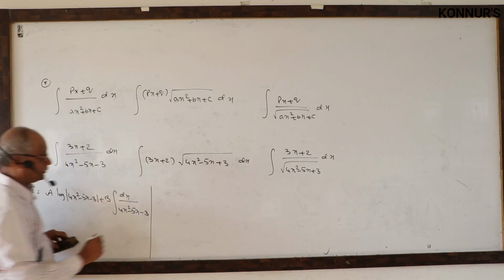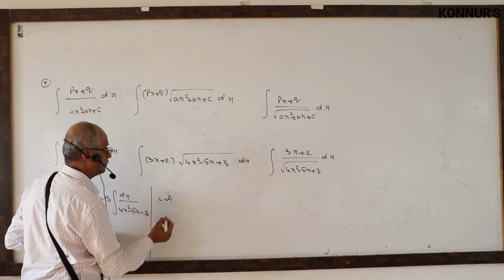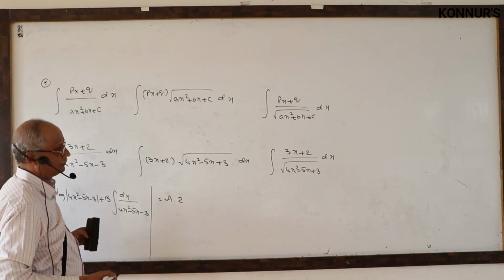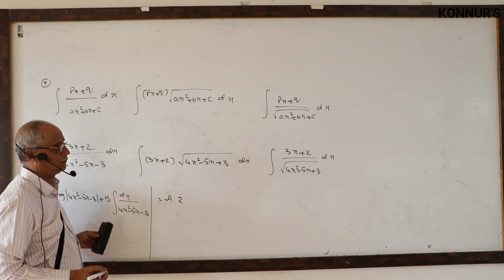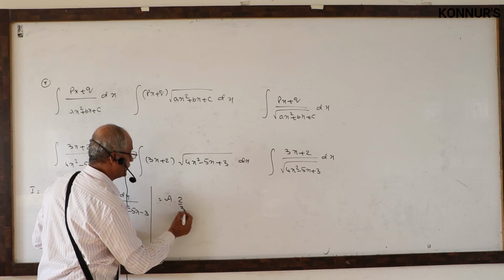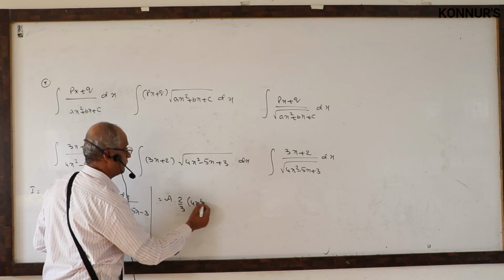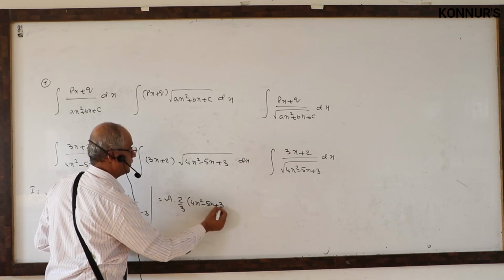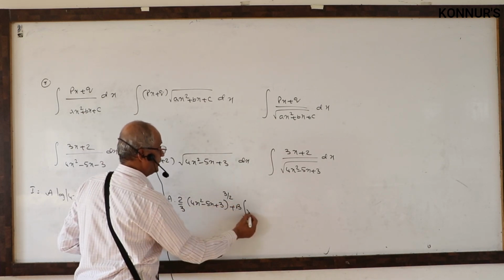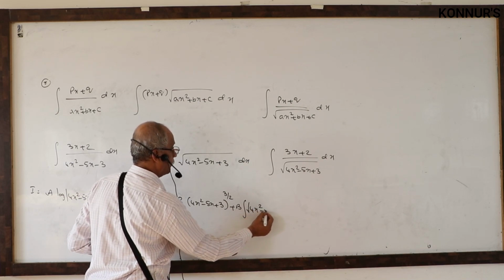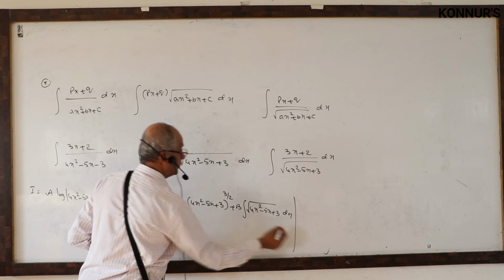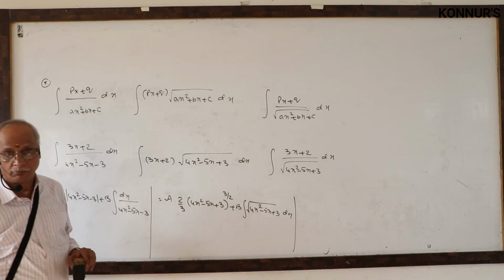Okay. A into this linear root quadratic, 2 by 3, 3 by 2 plus b integral root. This is a problem. They want the a value, b value.